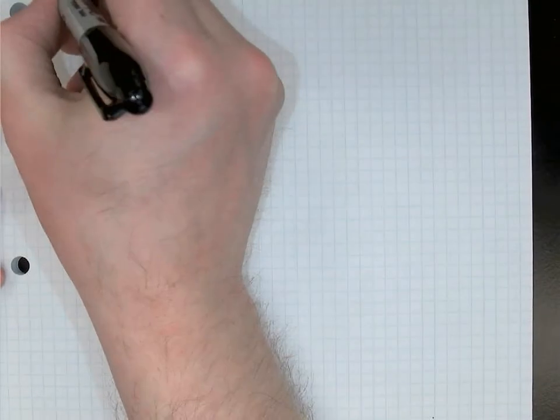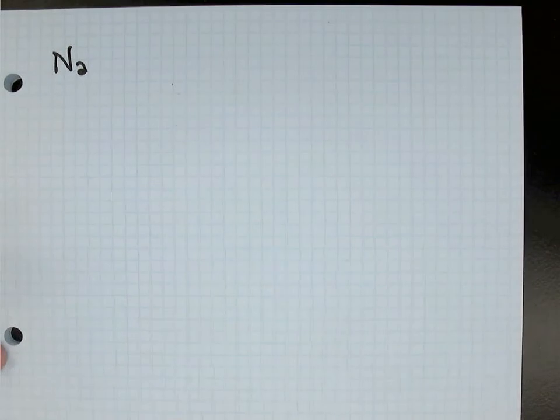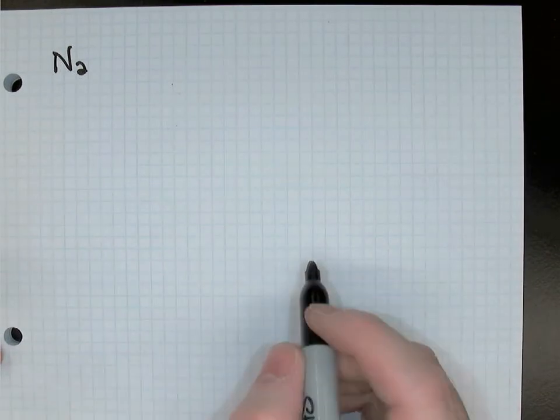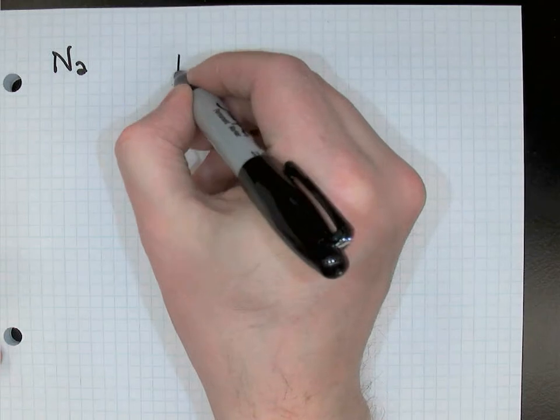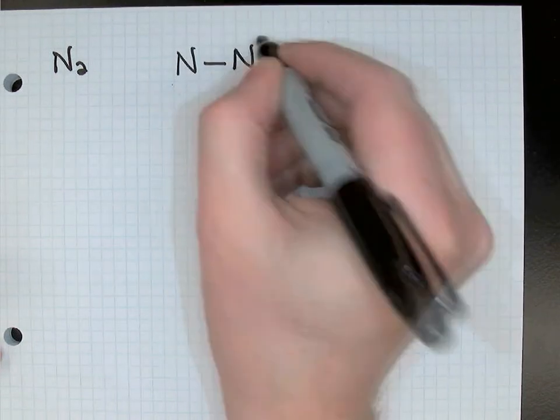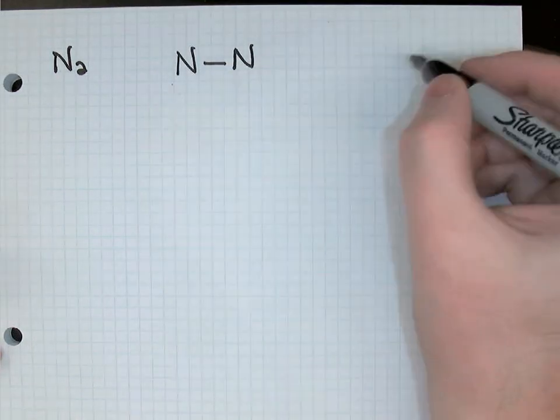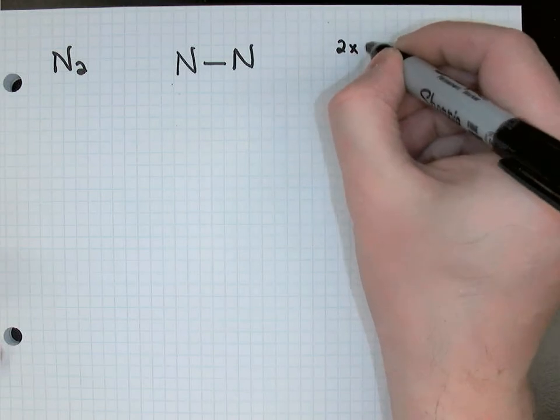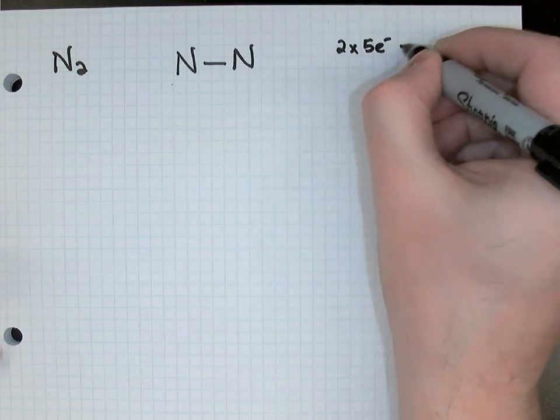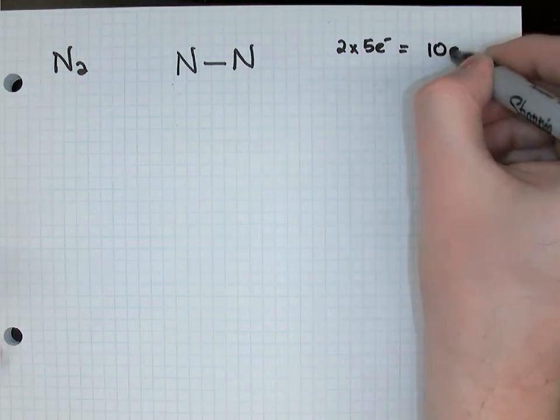If you feel you understand that, then try pausing the video and drawing the Lewis diagram for nitrogen gas N2. In a similar situation, we have 2 nitrogens bonded together. Nitrogen brings 5 electrons, so we have 10 electrons total to play with.